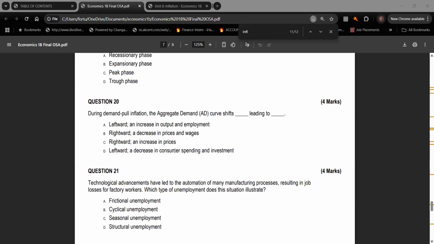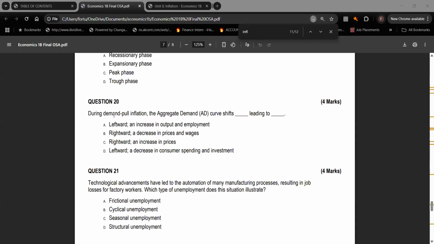What happens to the aggregate demand? What does it lead to? All right, I see a variety of answers. I see C, I see B.